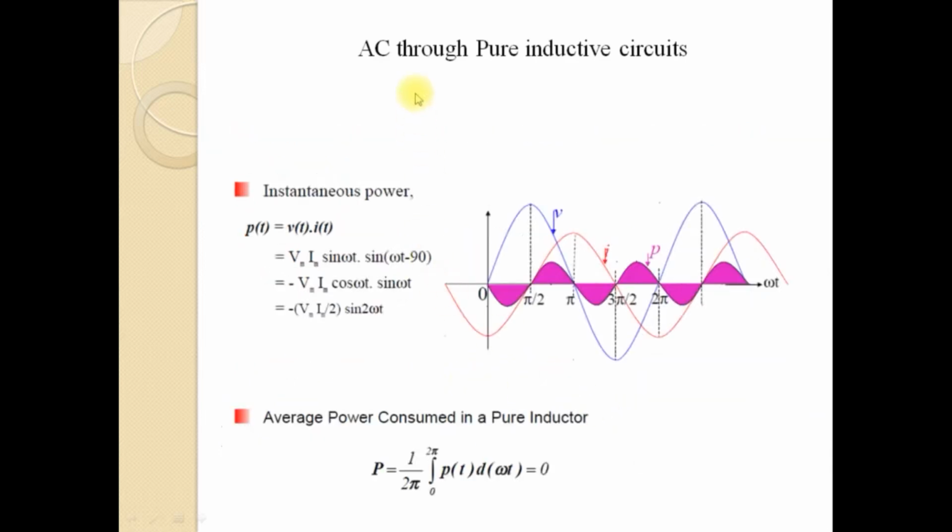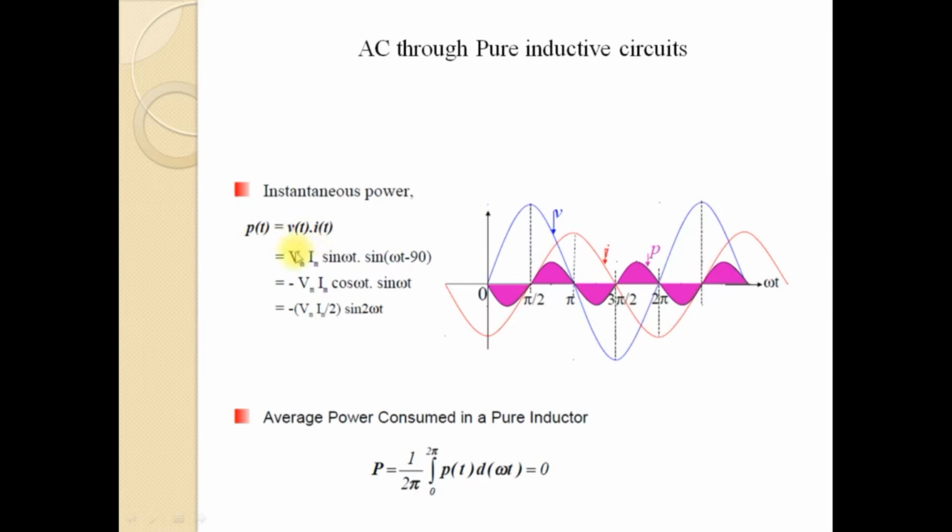And if we consider the variation of the power in a purely inductive circuit, the instantaneous power is obtained by the product of the instantaneous values of the voltage and the current. That means p(t), power at any instant, is equal to v(t) into i(t), because both the voltage and current waveforms are time varying.